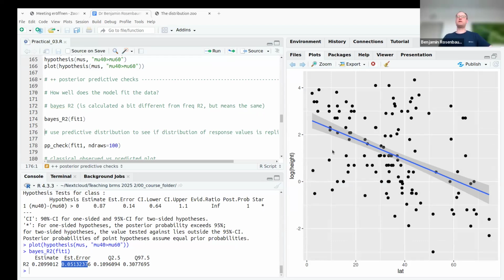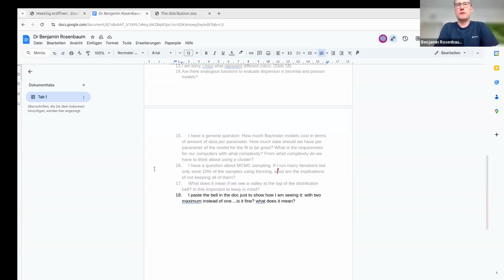That's how much of this variation in the data is explained by my model, and the answer is around 20%. If you're talking about the posterior, we only have access to the posterior in form of a finite sample. So we can only plot densities or histograms of it, and they are not always perfectly smooth. It does not mean that the actual posterior has multiple maxima.